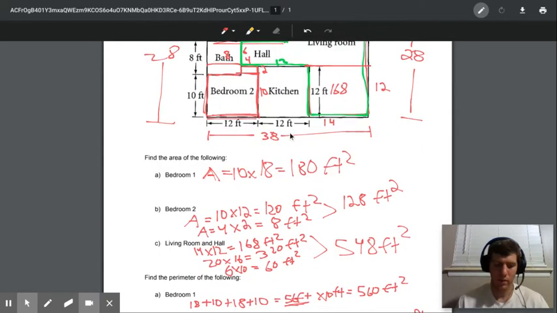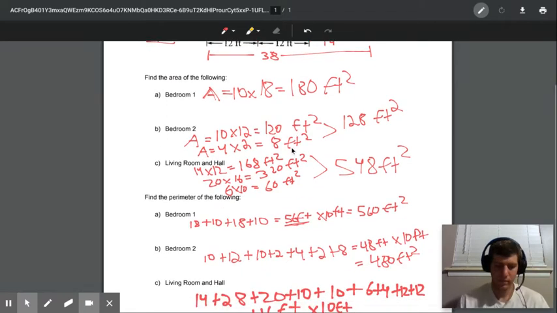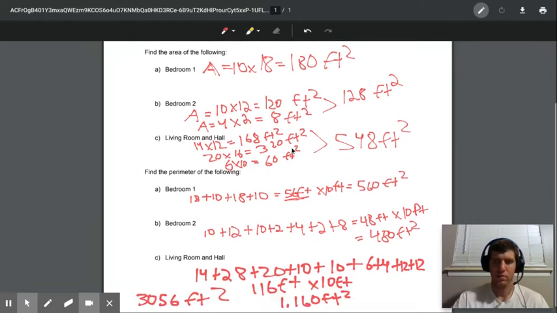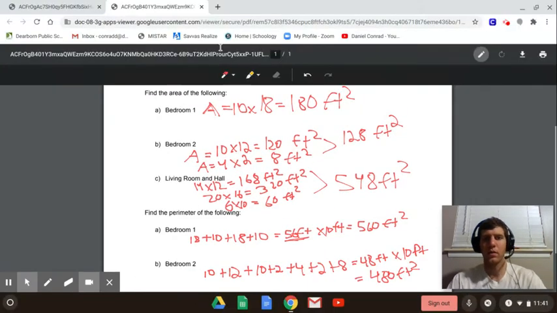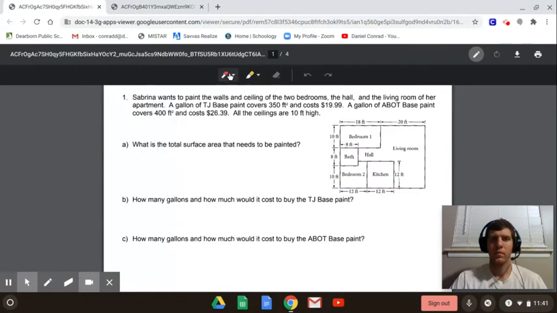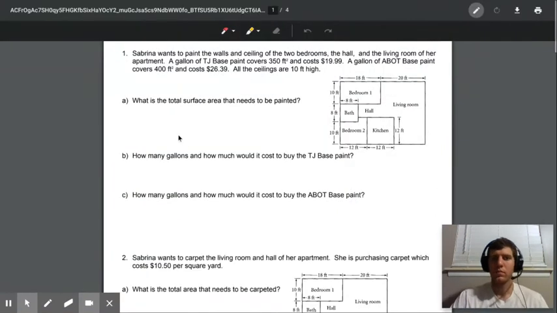So 548 plus 180 plus 128 plus 560 plus 480 plus 1,160, 3,056 feet squared. So if we go back to our other page, okay, our total surface area is 3,056 feet squared.